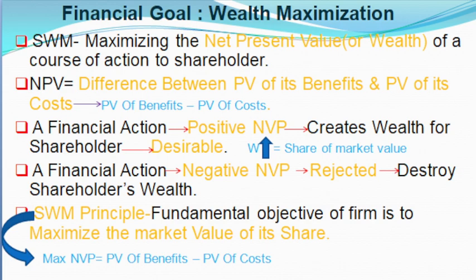I'm going to give you a lot of examples when I tell you about NPV, but here just look at what NPV means. The difference between present value of benefits and present value of cost, if it is positive, the financial action creates shareholders wealth, which is desirable. The wealth of a shareholder increases, and so does the market value of the share.